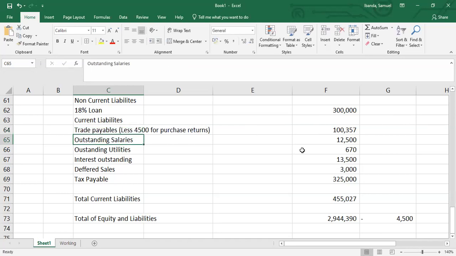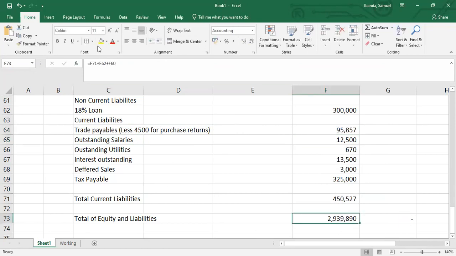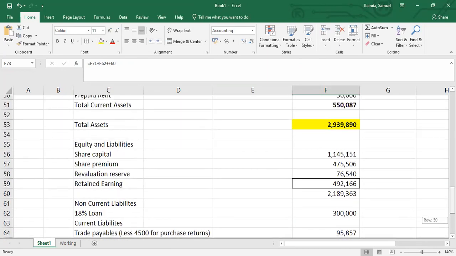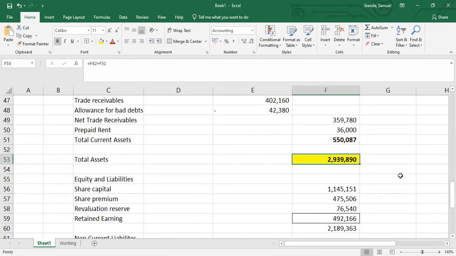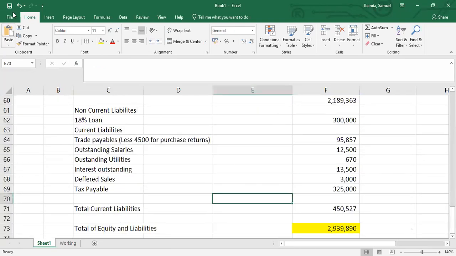So when you reduce this by 4,500, because they no longer have to demand this from us, it actually gets us to 2,939,890, which basically matches our 2,939,890. Okay, so that is how you would basically go about that.